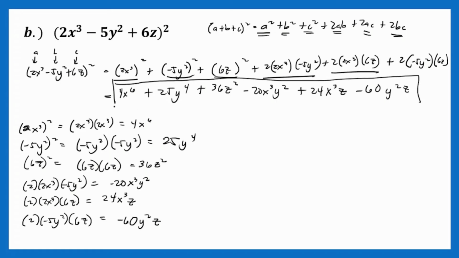Alright, banggitin ko yung sagot. Check your answer. 4x raised to 6 plus 25y raised to 4 plus 36z squared minus 20x cubed y squared plus 24x cubed z minus 60y squared z. Alright? So, let me know kung tumama ka dito sa letter B natin para makongratulate kita.